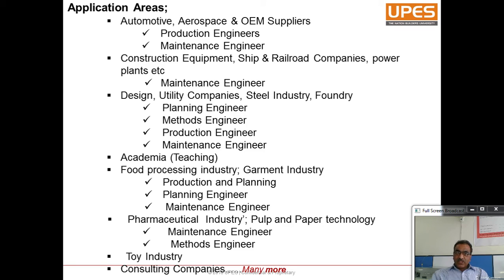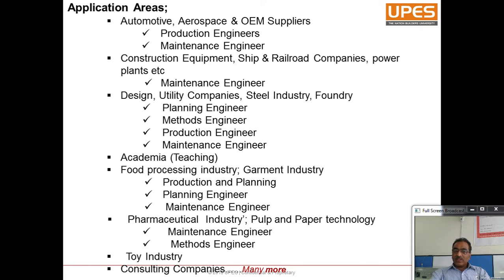Then in application areas like automotive and aerospace, one can work as a production engineer and maintenance engineer. In construction equipment, ship, and railroad companies, one can go as a maintenance engineer. In design and utility companies, one can go as a planning engineer, methods engineer, production engineer, or maintenance engineer. Of course, in academia, one can be a teacher also.